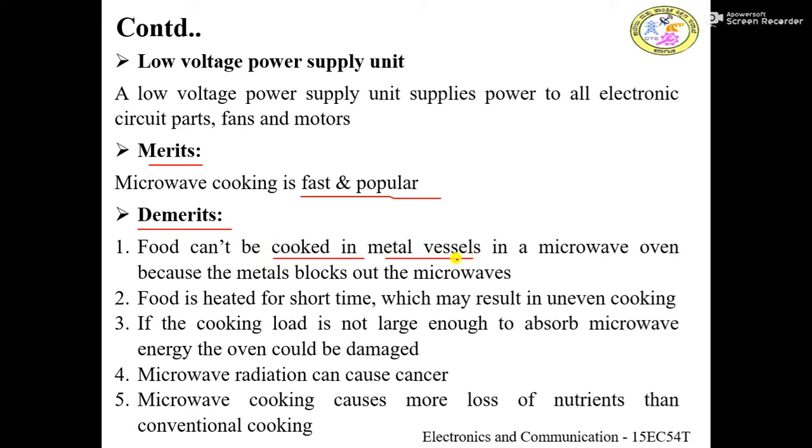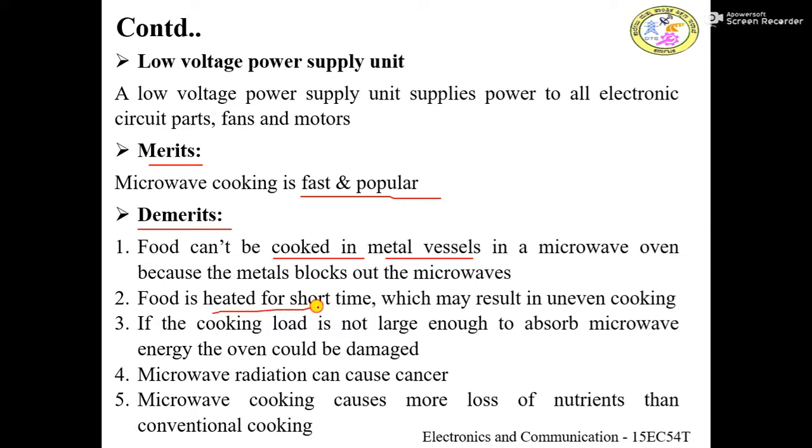As I told you, metal vessels are good reflectors of the microwaves. So we don't expect the food container to be made of metal. Usually, the container should be made of plastic, porcelain, or clay or mud material.